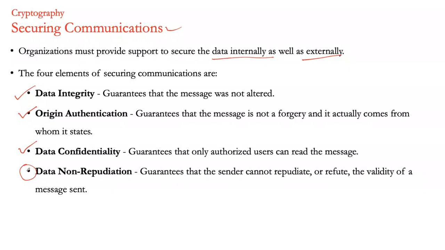Data integrity guarantees that the message was not altered when it was transferred from source to destination, that is, not altered by any attacker or malicious node in the network. Authenticity guarantees that the message is not forged and actually comes from whom it states.